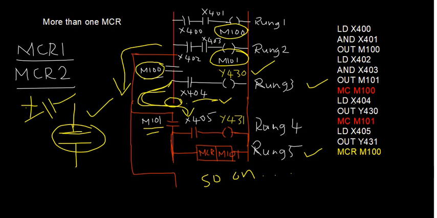It is a case of the syntax, how exactly you will be able to write the instructions in a given ladder diagram, which represents a typical case where you have more than one master control relay coming into picture.